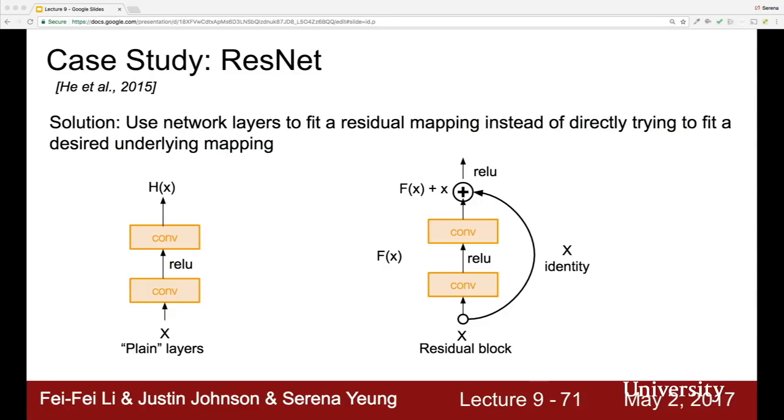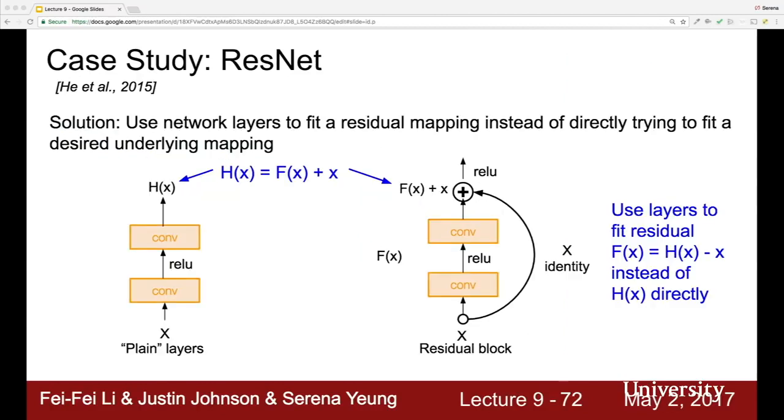What this looks like is on the right, where the input to this block is just the input coming in, and on the side we use our layers to try and fit some residual, H of x minus x, instead of the desired function H of x directly.